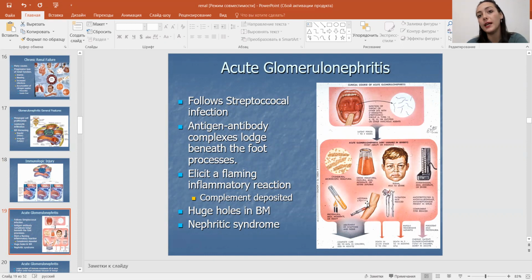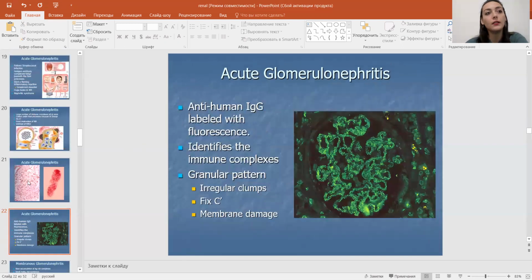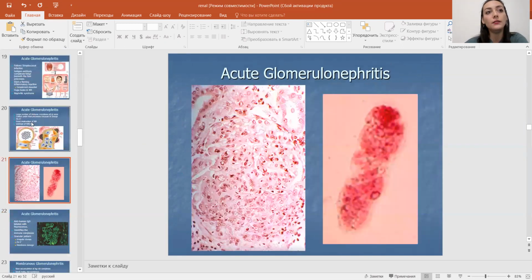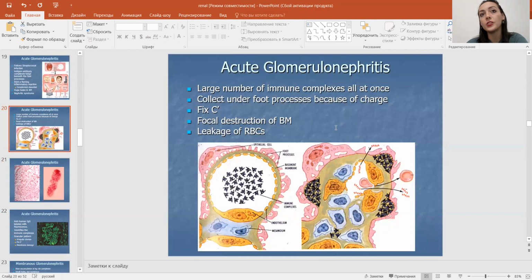Nephritic syndrome: hematuria, hypoproteinemia, azotemia, and oliguria. A large number of immune complexes all at once collect on the foot processes because of charge fixity, with focal destruction of the basal membrane and blockage by red blood cells.